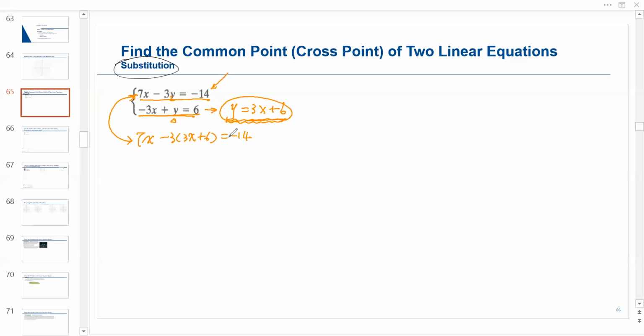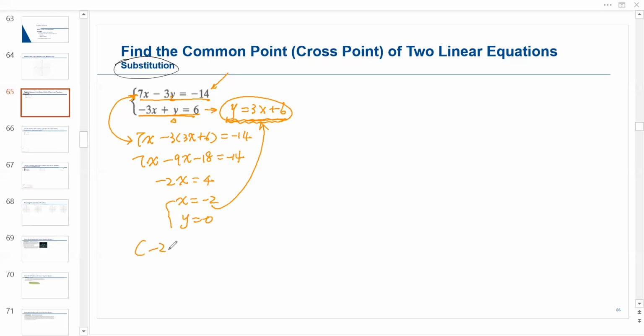This is the substitution method, right? We simplify, first distributing inside, so you get negative 2x equals 4, x equals negative 2. Then y, replaced here, y equals 0, right? Y equals 0.